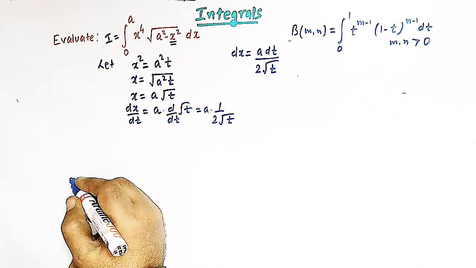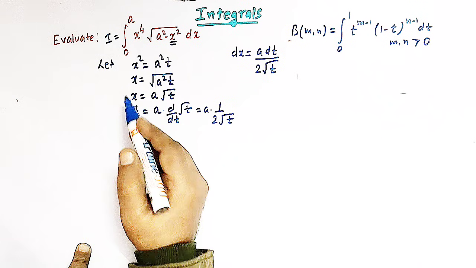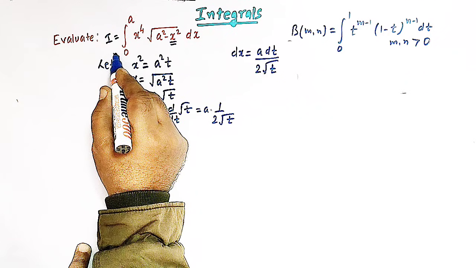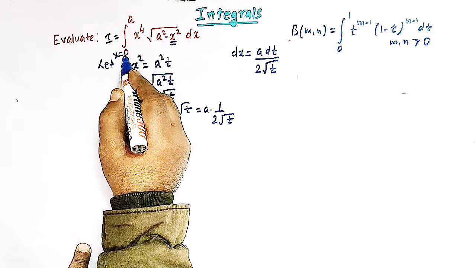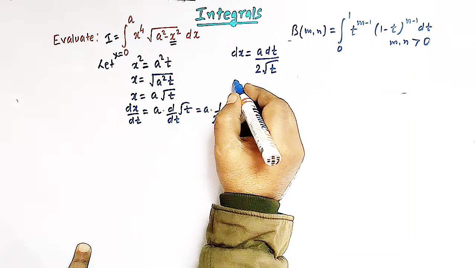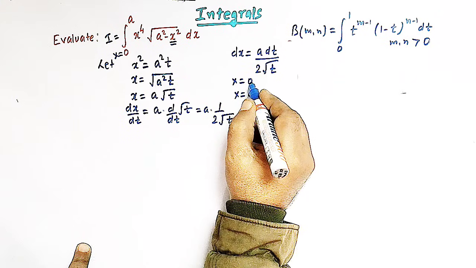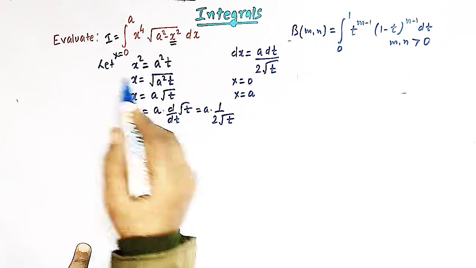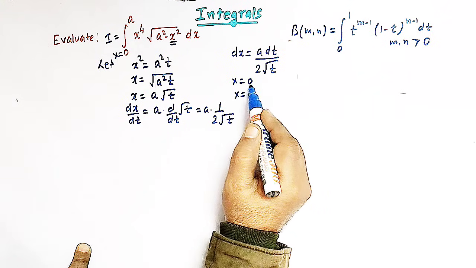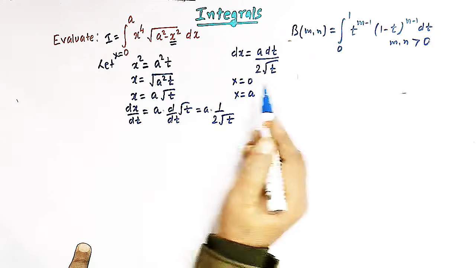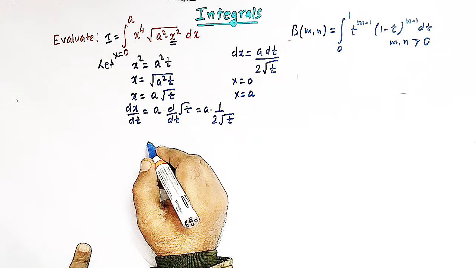Now let us change the limits. Here the limits of integration vary from x is equal to 0 as the lower limit to x is equal to a as the upper limit.